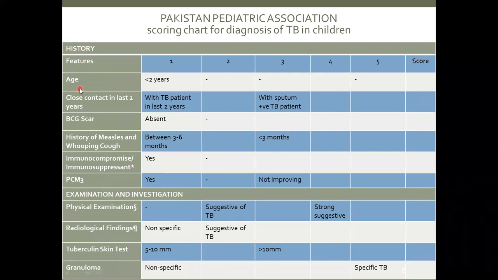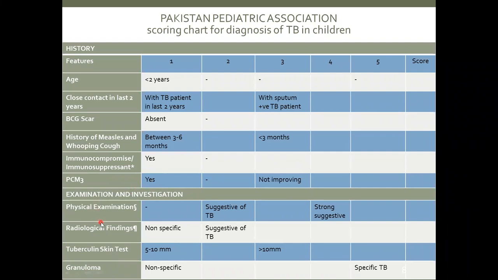In history: age, whether less than 2 or more than 2; close contact in the last 2 years with a TB patient, or with a TB patient who is sputum positive; whether BCG scar is present or absent; history of measles and whooping cough. These two disorders produce severe immune dysfunction. Between 3 to 6 months it carries 1 mark, and less than 3 months carries 3 marks. Similarly, whether the patient is immunocompromised or on drug therapy producing an immunocompromised state. Protein caloric malnutrition, if present and not improving, carries 3 marks.